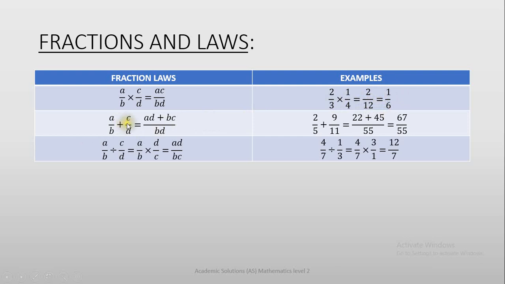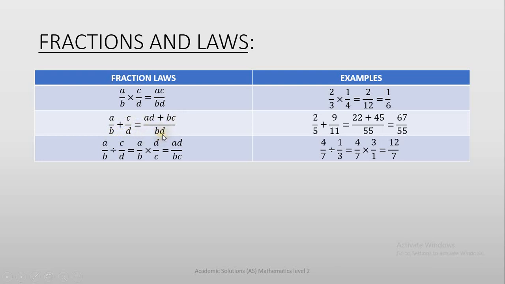Number 2, we have A over B plus C over D is equal to AD plus BC divided by BD. So in this case, we need to get the common denominator, which is BD.